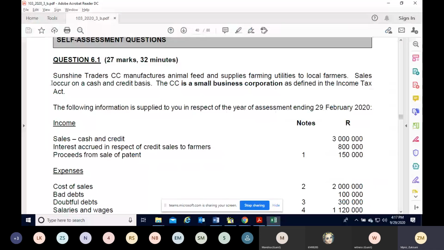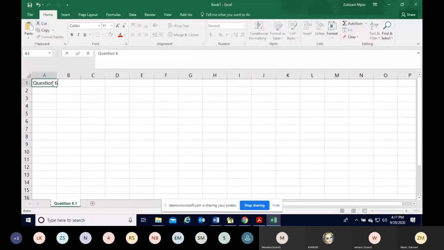Sunshine Traders. Right, we're going to read the required to find out exactly what we are required to do.